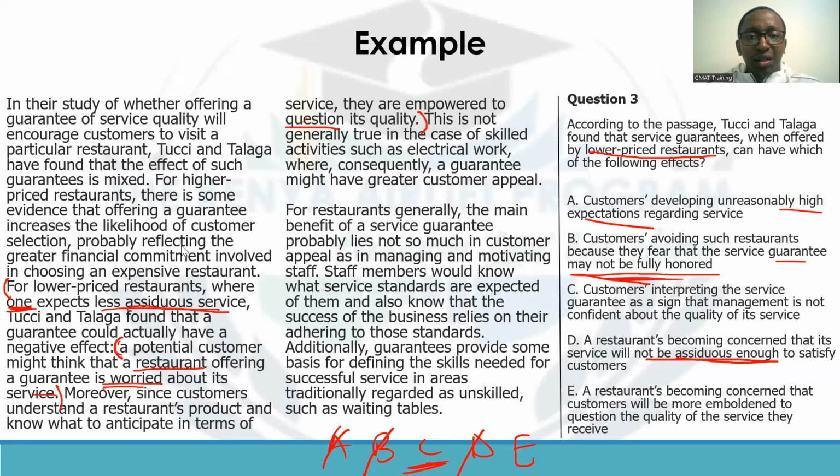This addition makes it wrong, because the customers will probably be more likely to question the quality of service, but it's not the restaurant that will be concerned about that, because the restaurant is actually giving the guarantee in hopes that the customer will be less inclined to question the quality of that service. So for that reason, we can eliminate E. And our answer is C.